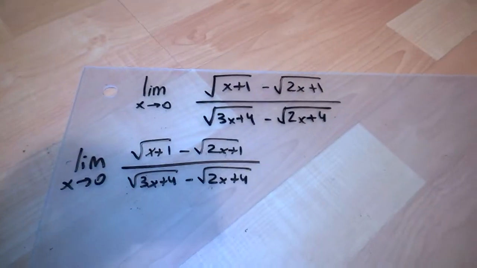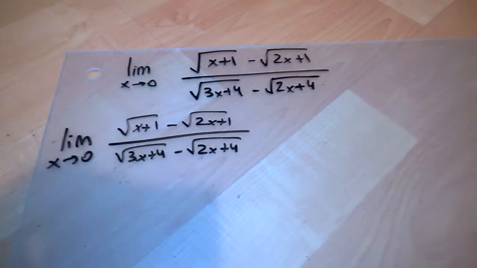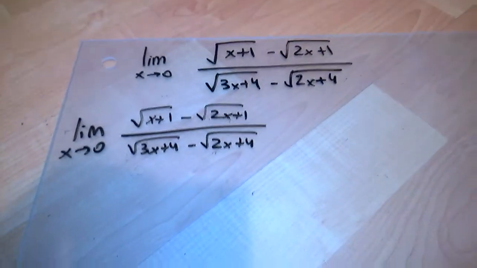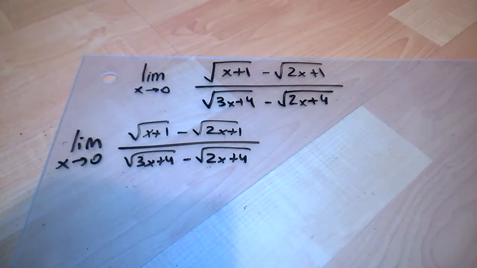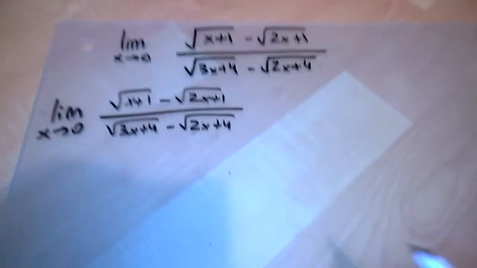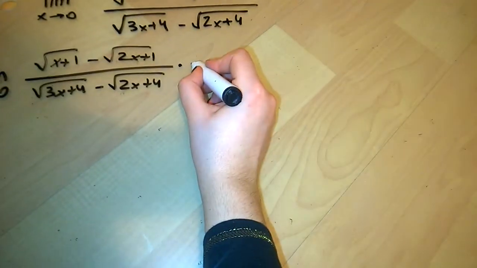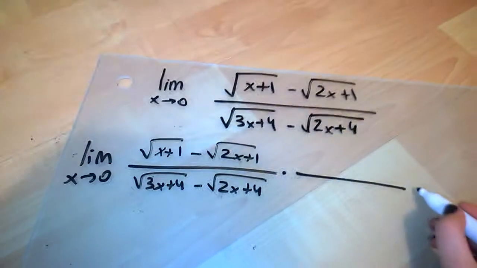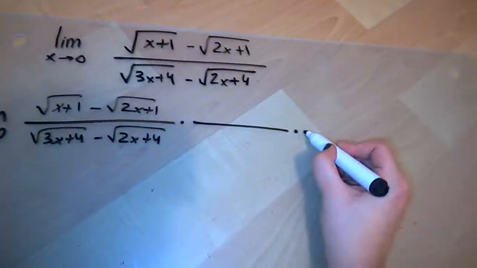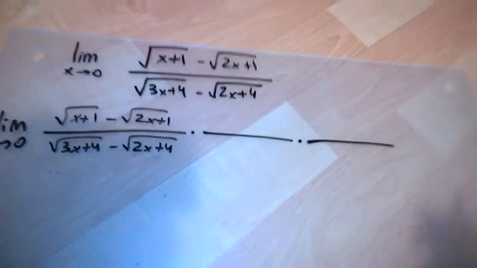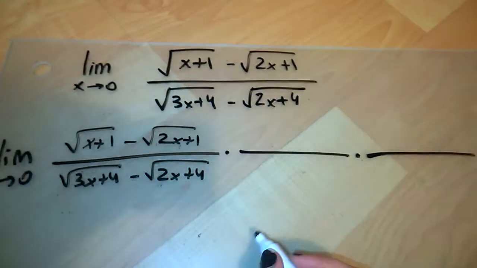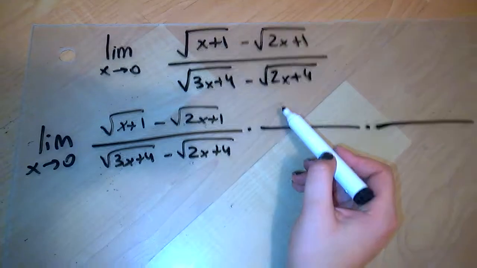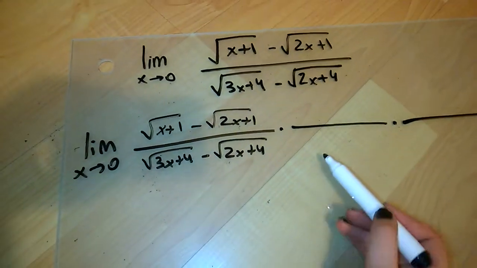But as you know, we cannot multiply our function by whatever we feel like. We cannot change our function. So we will have to multiply it by 1. And in order to get that 1, we will have to multiply our function by the conjugates twice, like I said before. And we are going to do so by using the conjugate both on our numerator and our denominator.